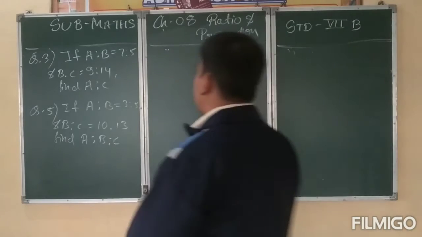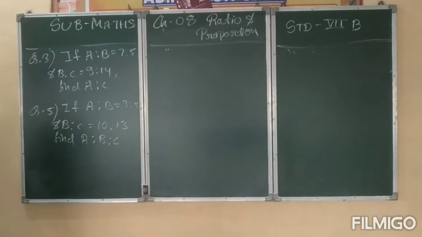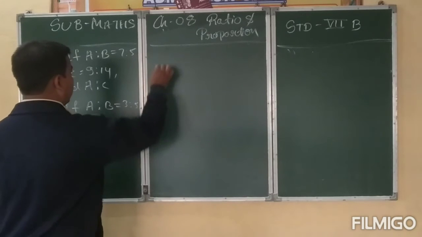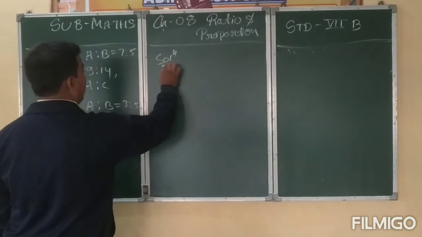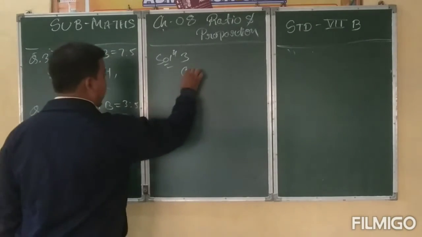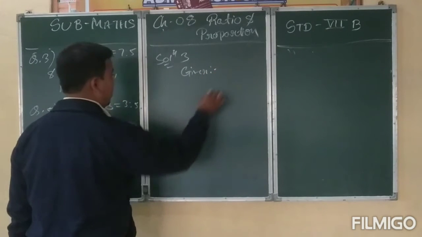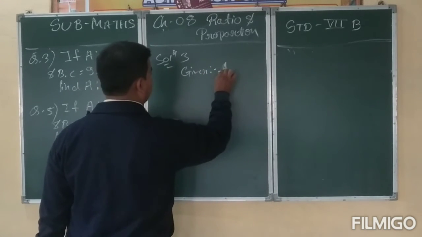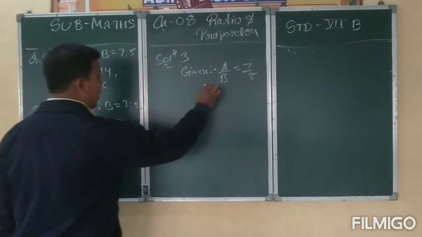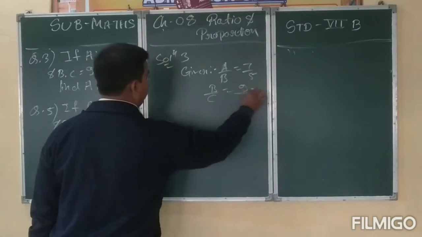Okay. Here, the third question: if A ratio B is given 7 ratio 5 and B ratio C is given 9 ratio 14, find A ratio C. So solution number 5, third. Here it is given A by B is 7 by 5 and B by C is 9 by 14.